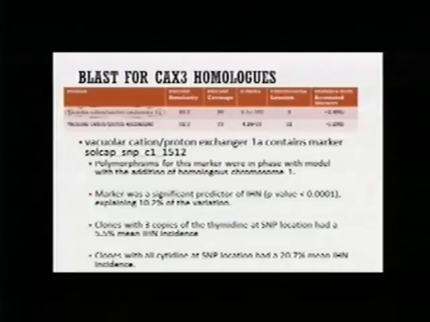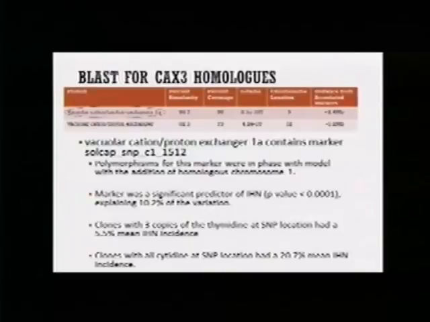And we found that one of the SNPs that we used in the analysis was found inside the vacuolar proton cation exchanger 1A. We also found that this marker was in phase with our best fit model, except for the addition of a homologous chromosome 1, but remember we didn't test that, we only tested simplex and duplex.